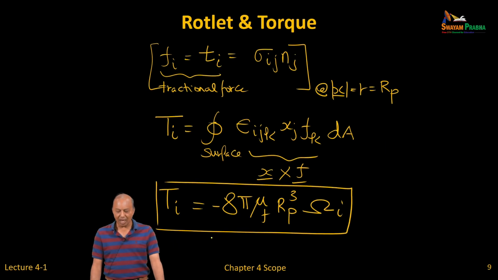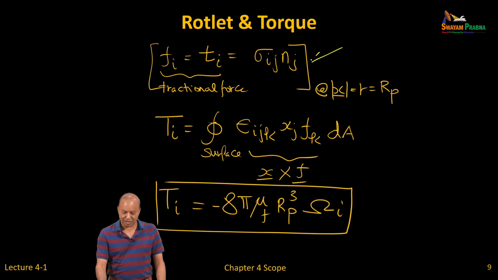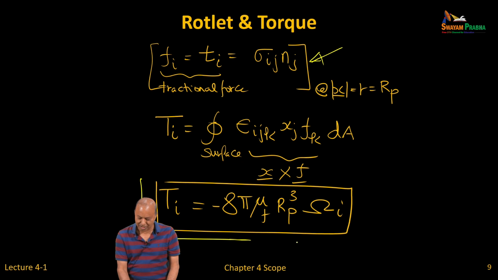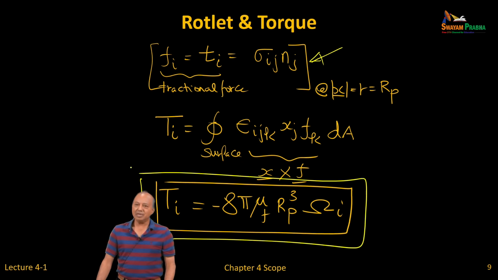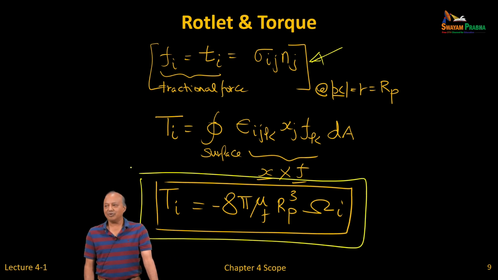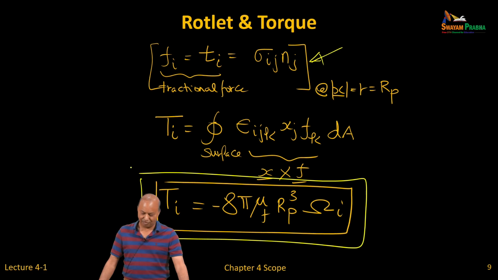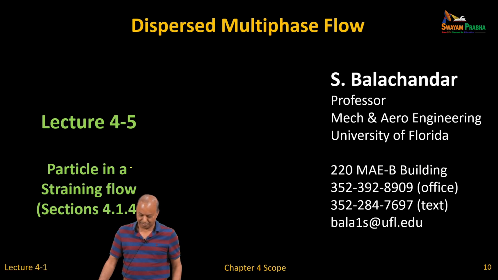Okay, so you can calculate the stress distribution, the tractional force on the surface of this particle, and you can integrate, and finally this is the result. A spinning sphere has no drag, obviously, there is no flow direction, but it has a torque, and you have an exact relation for the torque on a sphere. Okay.